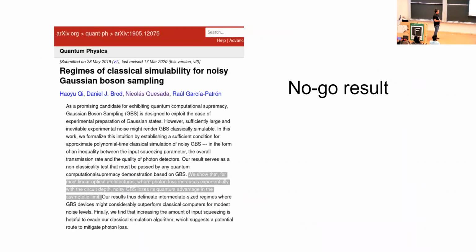And this is the first no-go result. We show that for most linear architectures where photon loss increases exponentially with the circuit depth, noisy GBS, simulating this setup where you have loss, can be done efficiently in a classical computer. And I'll try to argue why that happens.